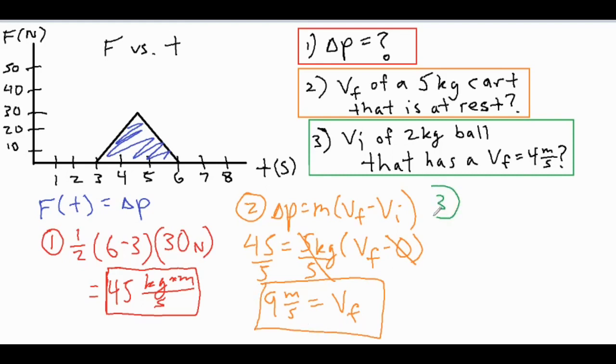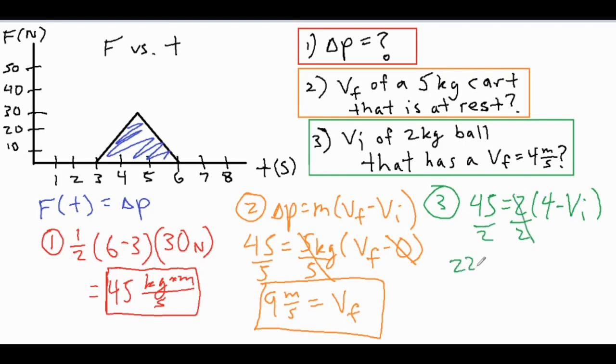Now our third and final calculation: we're looking for the initial velocity of a 2 kilogram ball that has a final velocity of 4 meters per second. Again, it's experiencing this impulse from this particular force for that period of time. So we have the impulse of 45 still. The mass changed to 2. And then we have a VF of 4 minus our initial velocity. For this one, we could either distribute the 2 to both of these, or we can divide both sides by 2. I'm going to divide both sides by 2 first.